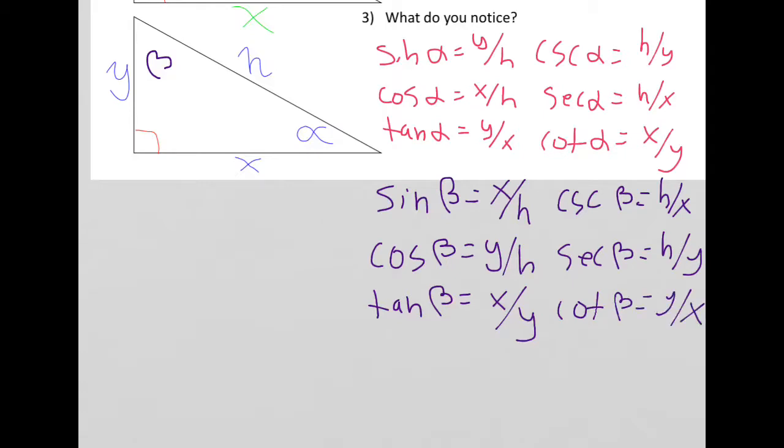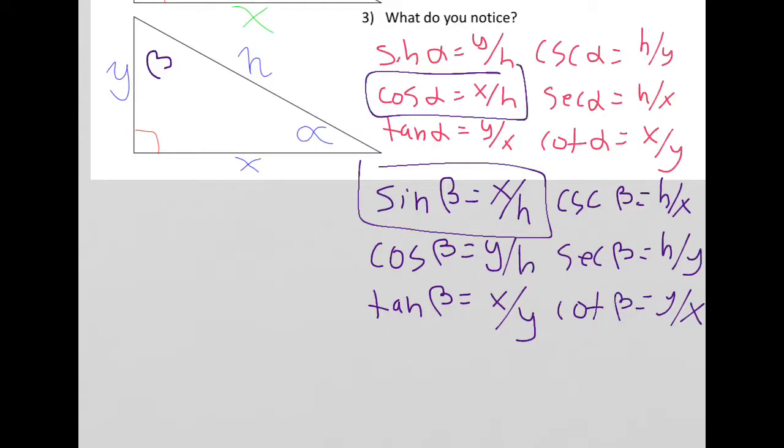And notice that in the pink and in the purple we have similar pieces. Sine of beta is equal to the cosine of alpha. Sine of alpha is equal to the cosine of beta.